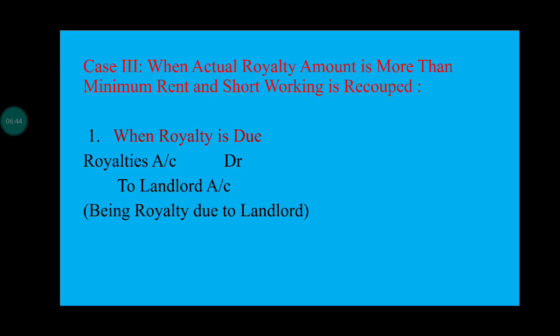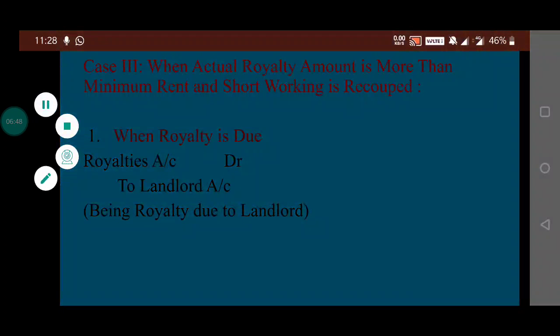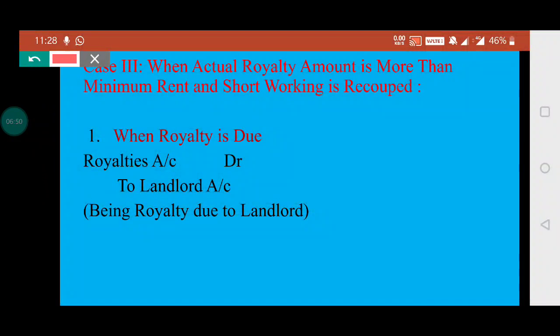Now the last situation, that is recouping the short working. First journal entry is when royalty is due. Here we have to consider the royalty and minimum rent.